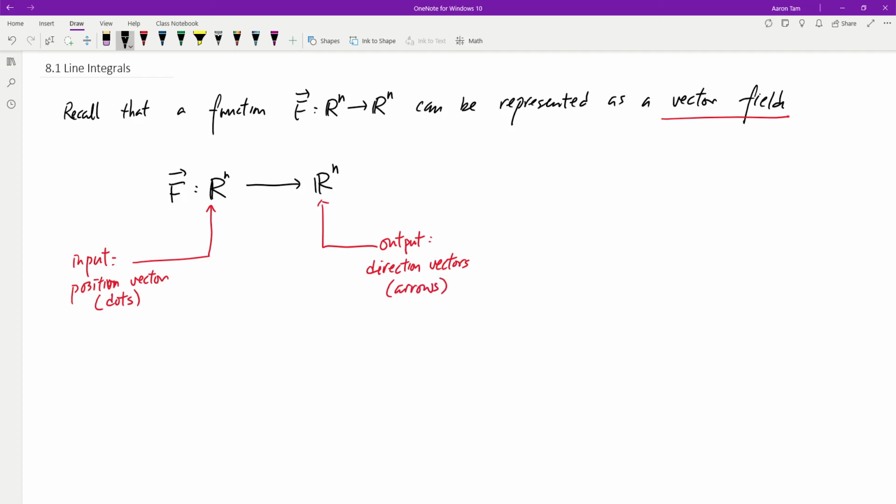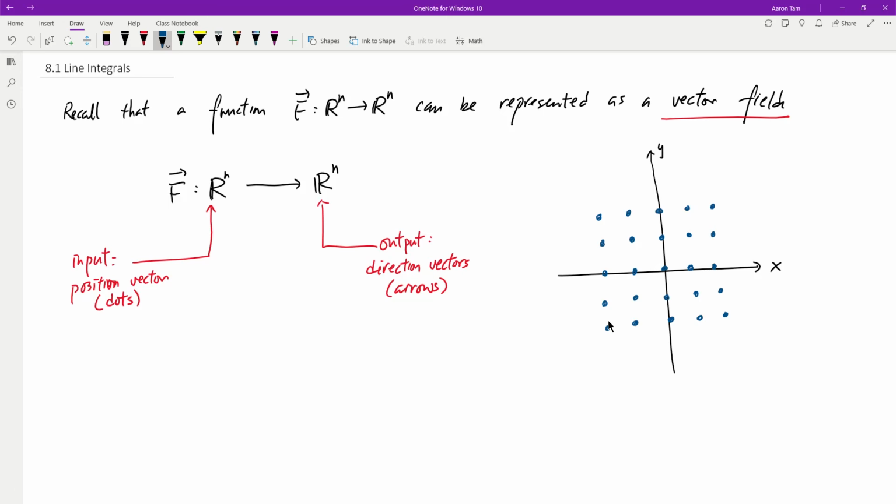A very simple example to illustrate this process is a simple vector field. Here's my x, here's my y, and let's say we are identifying the following dots to be my input. Technically speaking, we have an infinite number of dots on the xy plane, but let's just look at nice and simple points that have integer coordinates. So let's say I have these 25 points. These are my input, which in this case is in R2.